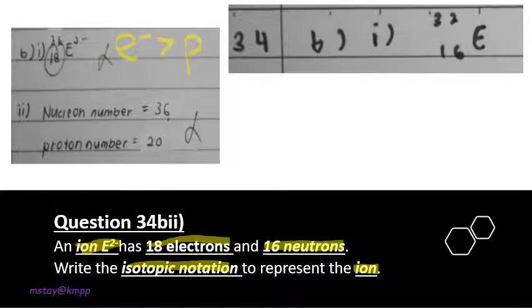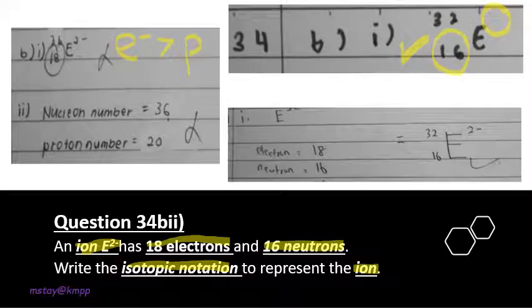Student B is able to identify the proton number correctly. However, student B did not answer the question, because the question asked for the isotopic notation of the ion, so there must be a charge. Well done to student C.